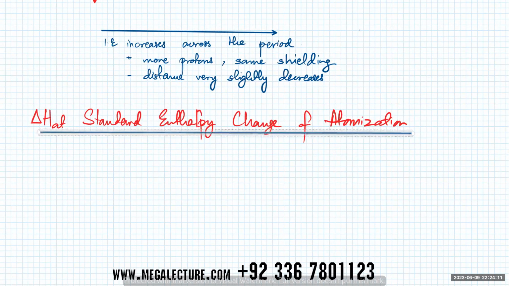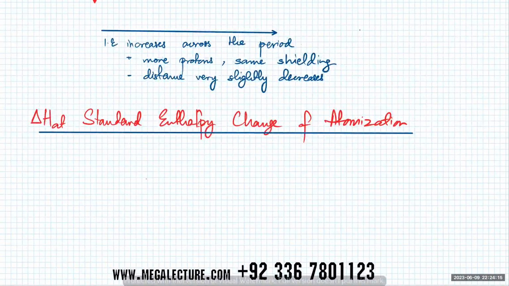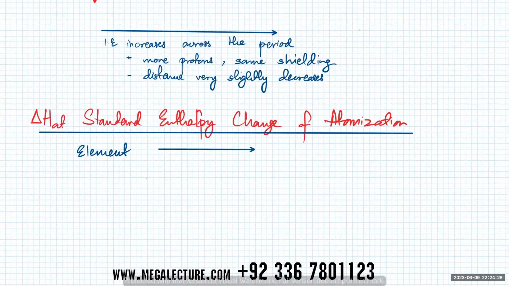So standard enthalpy change of atomization, it's basically you're creating one mole of atoms. Like if I have an element, that element will be turned into 1 mole of gaseous atoms.